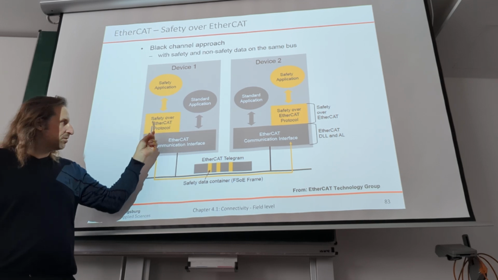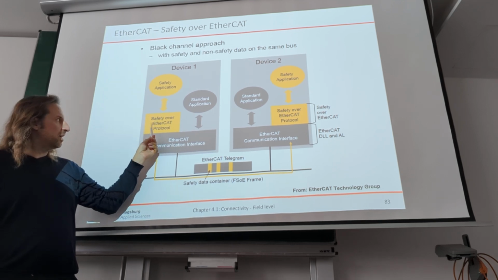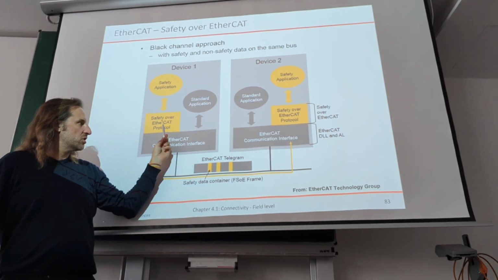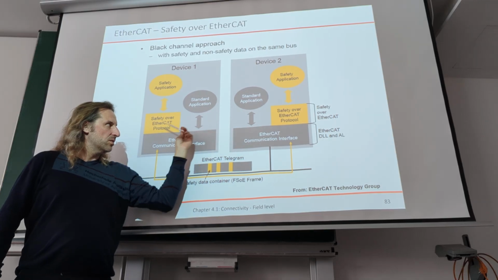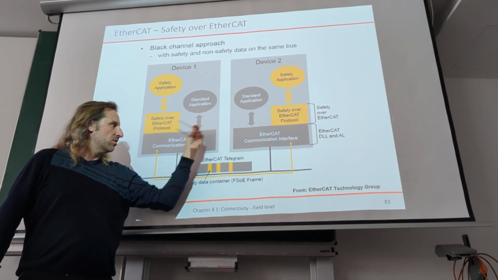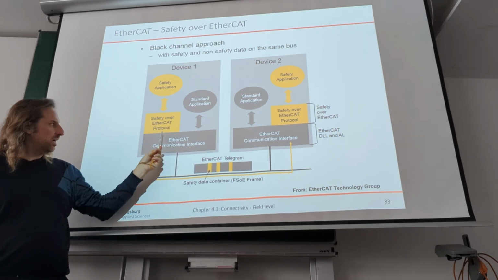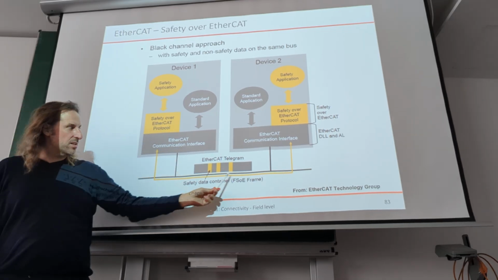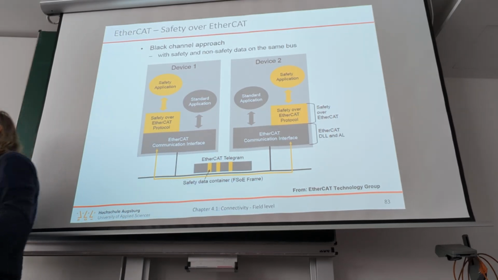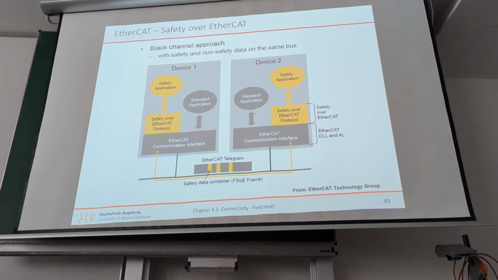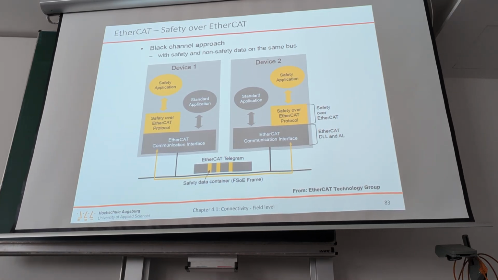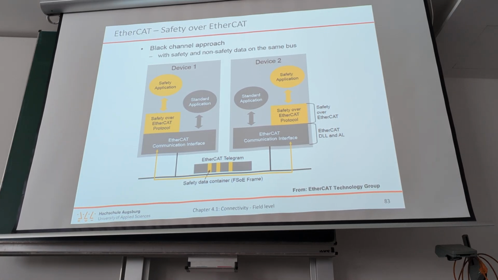You do all the safe exchange, and you cross-check all the data between the applications. And as long as these black channels are transmitting data correctly, that will work reliably. And if they make any mistakes, then of course the safety layer would be activated and executed.